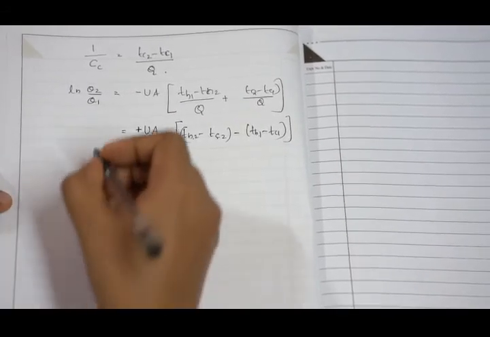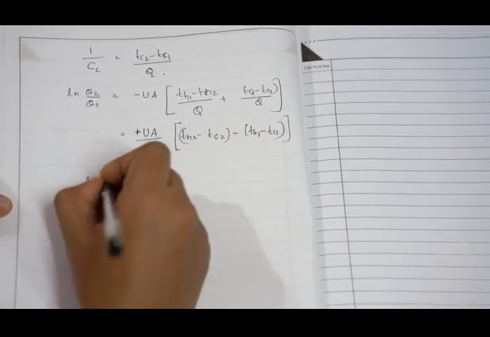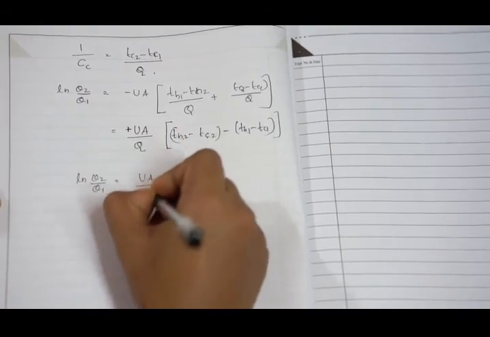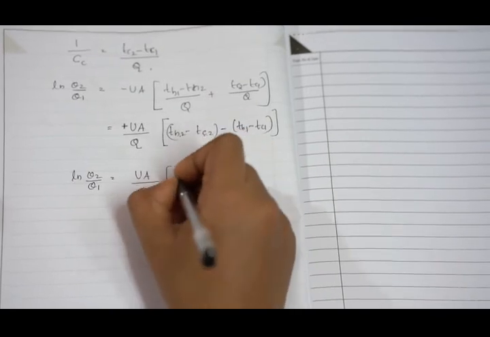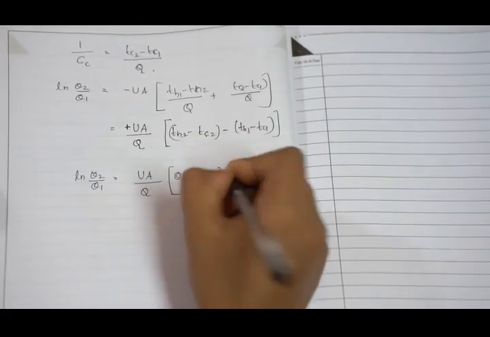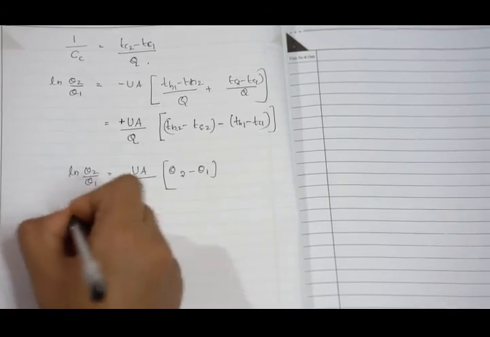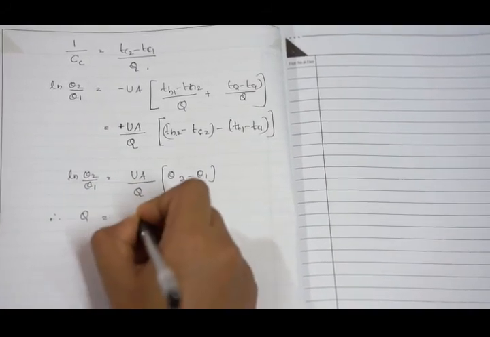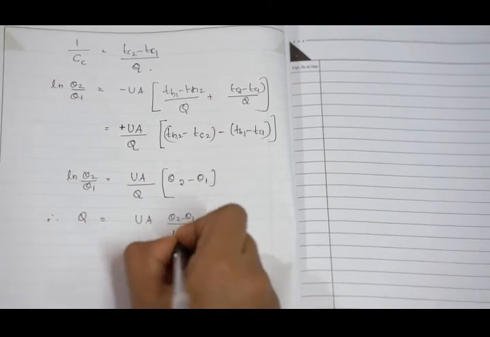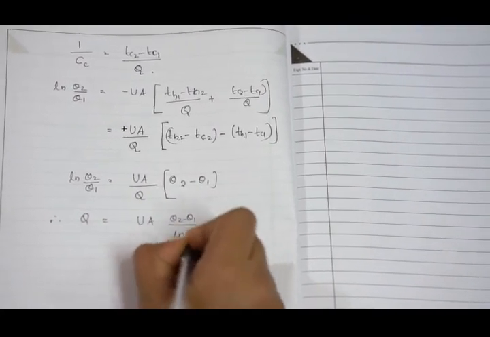So the final equation becomes ln of theta 2 by theta 1 is equal to UA by Q into (theta 2 minus theta 1). Therefore Q is equal to UA into (theta 2 minus theta 1) divided by ln of theta 2 by theta 1.